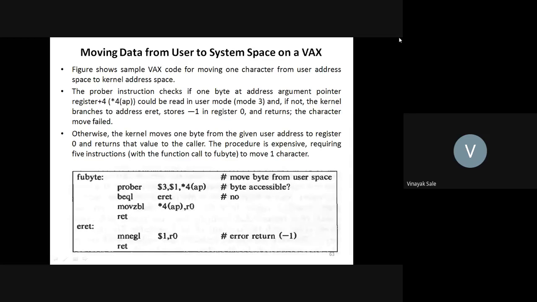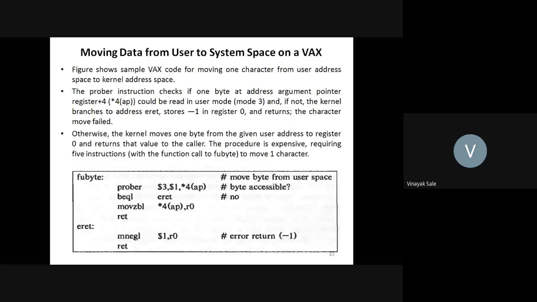The probe instruction checks whether the 1 byte address at argument pointer register plus 4 could be read in user mode. If it is not, the kernel branches to the address error label and stores 1 in register 0 and returns that the character move failed.